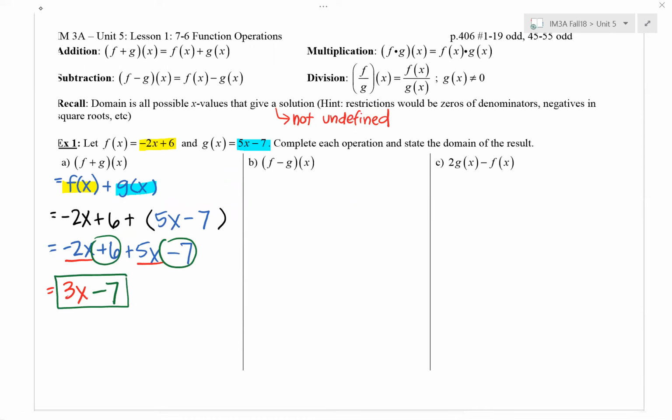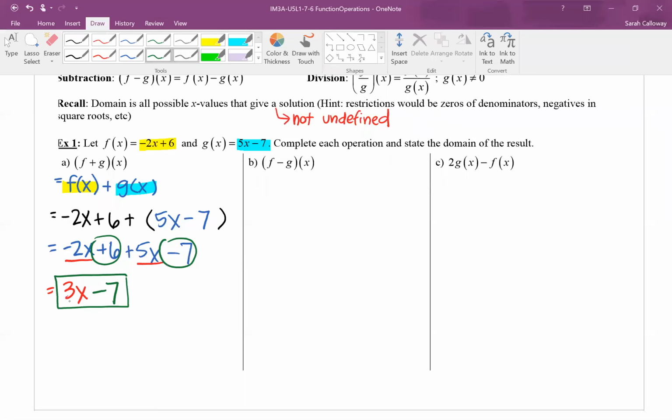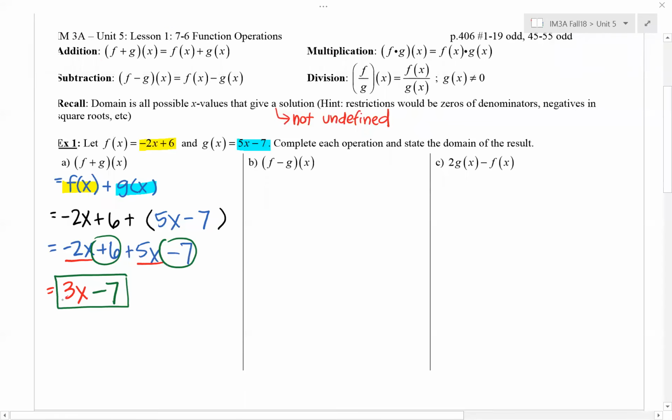The type of function is ultimately going to dictate our domain. So if I look at this function, it's a polynomial, meaning there's no roots or dividing by variables, things like that. That has a degree of 1, which means that this is a linear function. And a linear function does not have any restrictions.